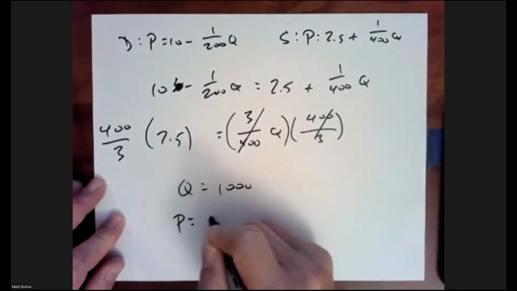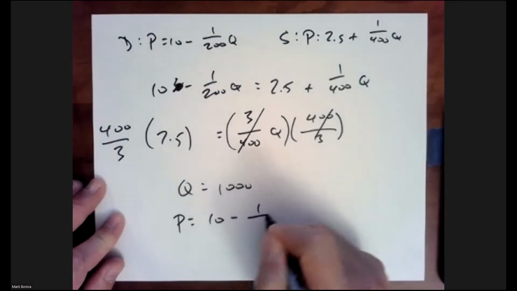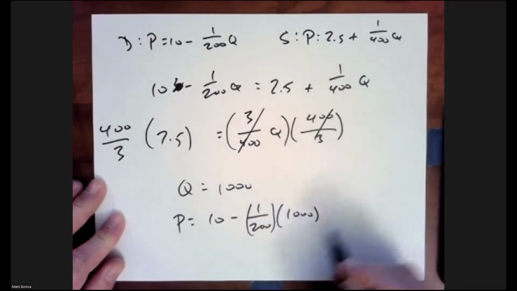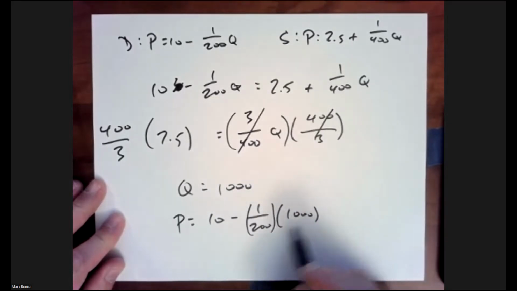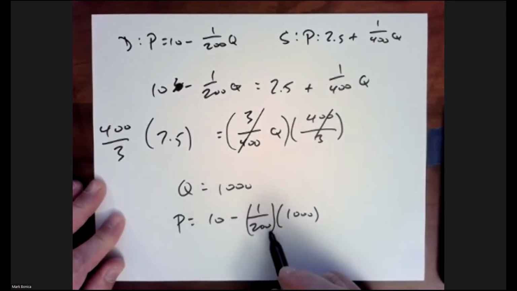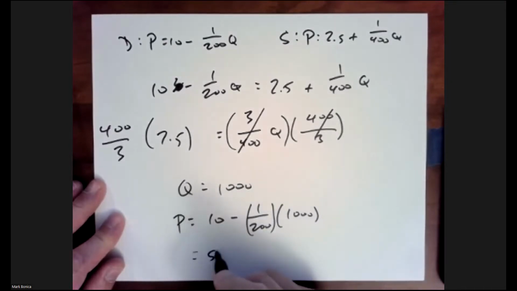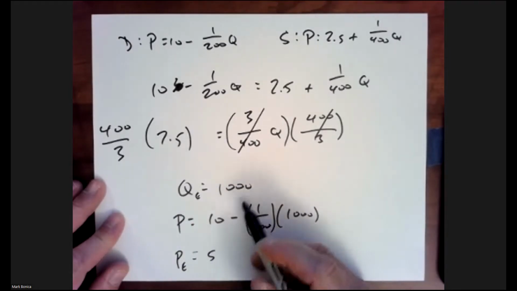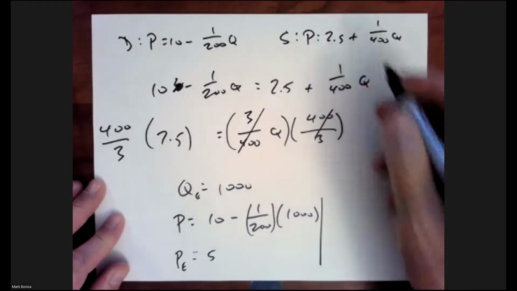So I get P equals 10 minus 1 over 200 times 1,000. 1,000 divided by 200 is 5. 10 minus 5 is 5. So the equilibrium price and quantity is 5 and 1,000.